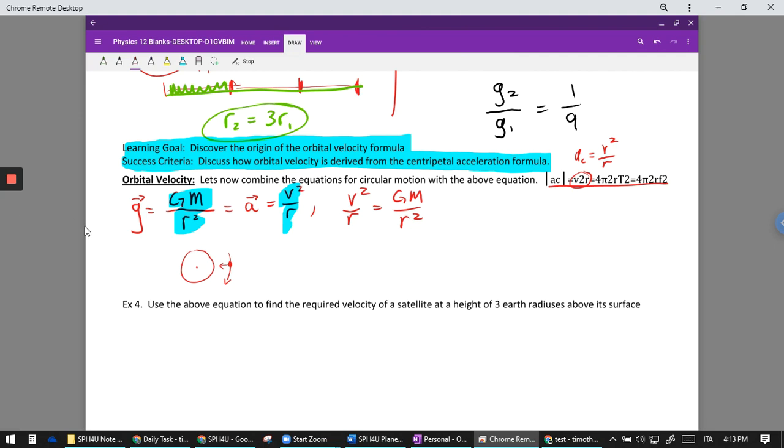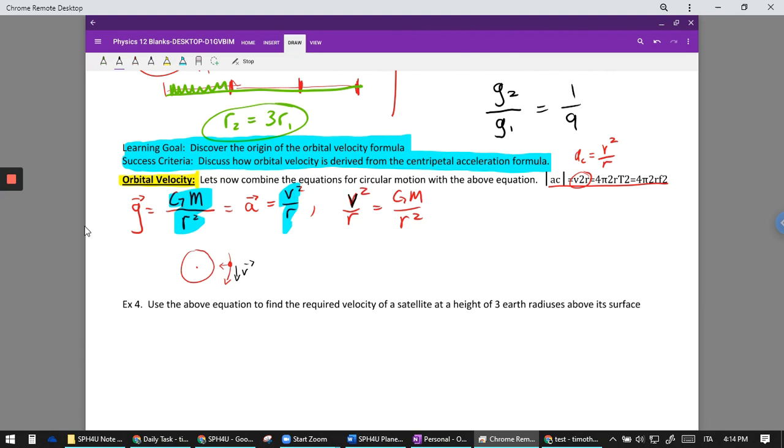Basically, what we're looking at is we're trying to figure out the orbital velocity now, okay? And this red formula that I've got going on right here, this V is the velocity the object has as it moves around this circular path, right? So that's a little velocity vector going there, okay? And that's this little V, right?